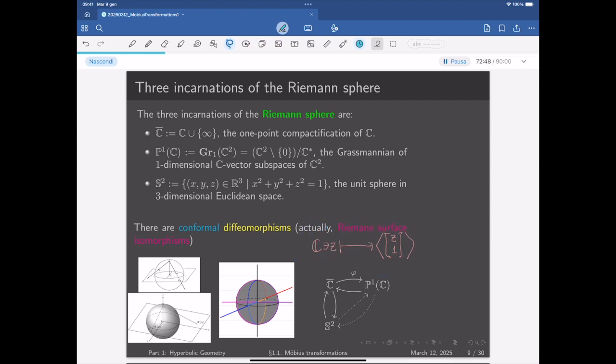And the only other point missing goes to the only other subspace that I haven't covered yet with the other one. Yeah, so that's phi.